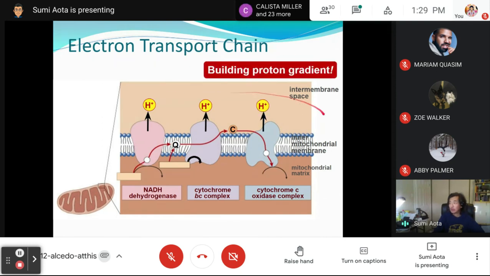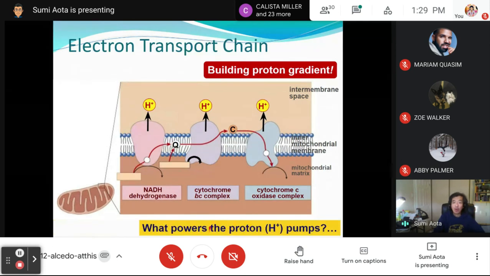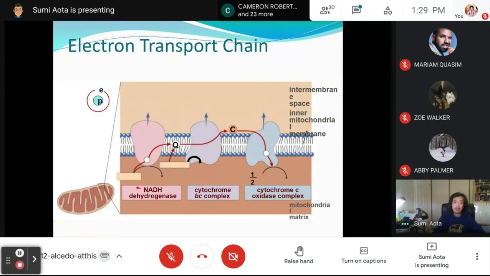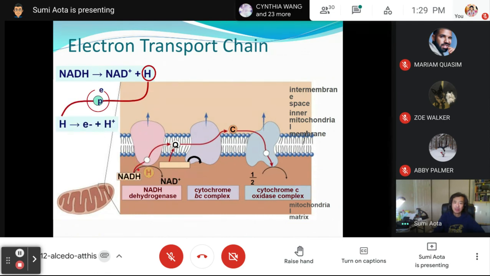This builds your proton gradient. But what powers the hydrogen pumps? The movement of the electrons through the electron transport chain. As the electrons go through, hydrogens get pumped across, the same way depending on NAD or FAD.